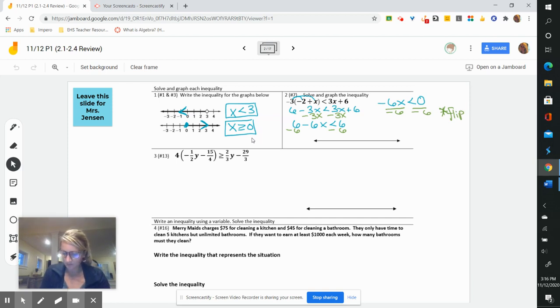So we get x is greater than 0. Greater than, so we're going to shade to the right.